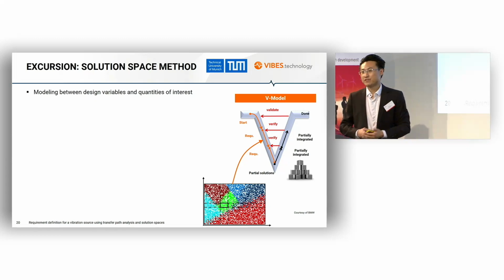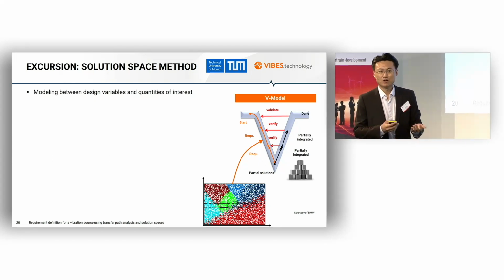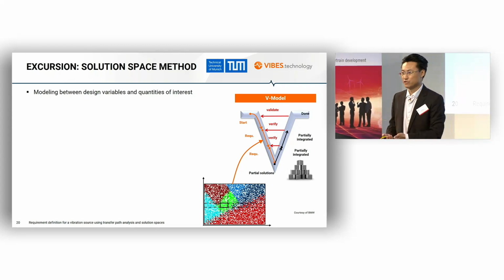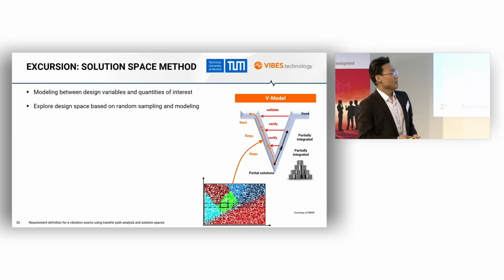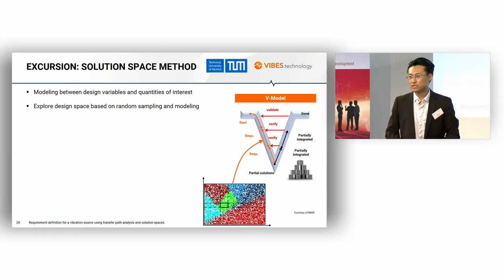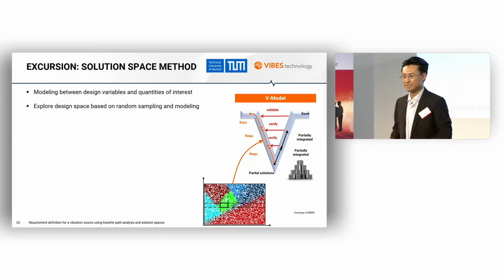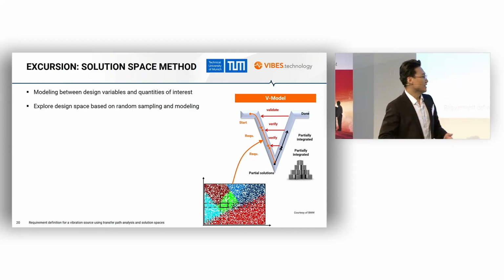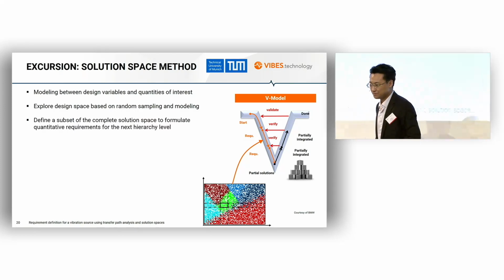Actually, the solution space method is a family of different methods. They are all based on modeling between design variables and quantity of interest. In our case, the design variables are the block forces. The quantity of interest is the sound pressure. Based on this modeling, the solution space method explores the design space using random sampling. As can be seen here, good designs are marked in green.